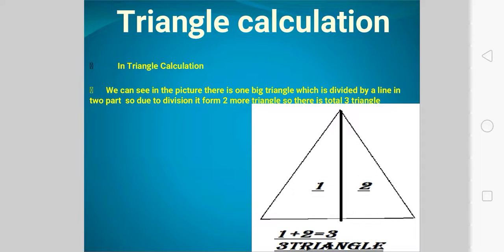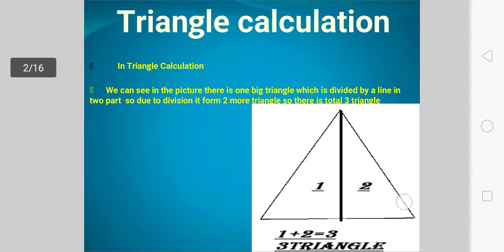In every competitive exam these questions are asked, so you can easily solve them, and you are 100% sure to get the marks for this question. In a triangle calculation, we can see in the picture there is one big triangle which is divided by a line into two parts.